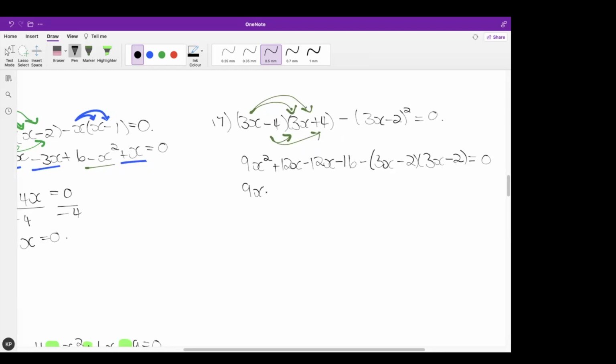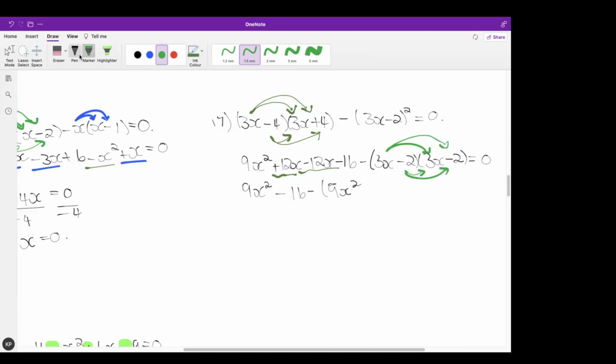So I'm going to rewrite this, 9x squared, and these two cancel each other out. So it's 9x squared minus 16. And then this minus I'm going to leave outside while I FOIL. Otherwise, it's going to get confusing. There's a lot going on. Okay, so it's going to be 9x squared. This time, it's coming from the second set of brackets.